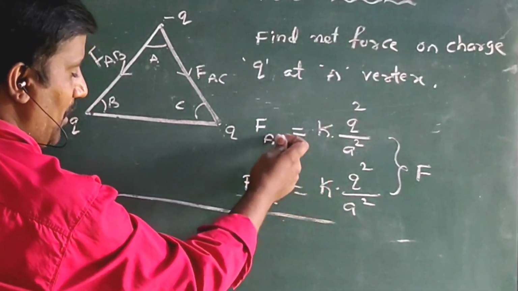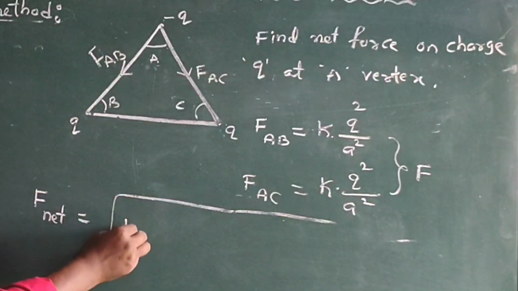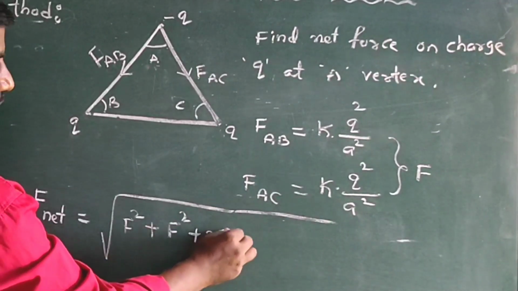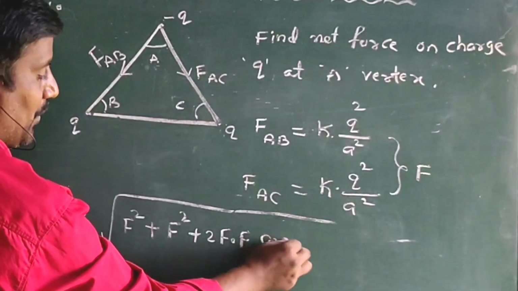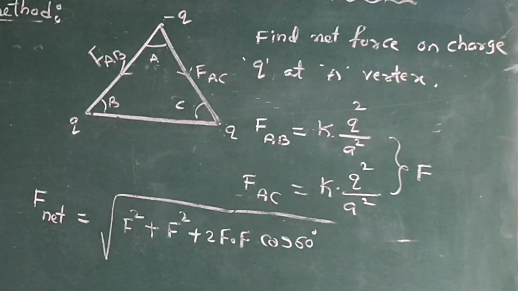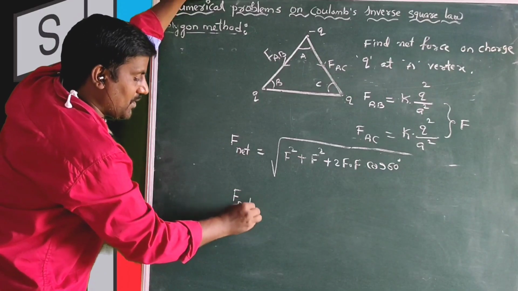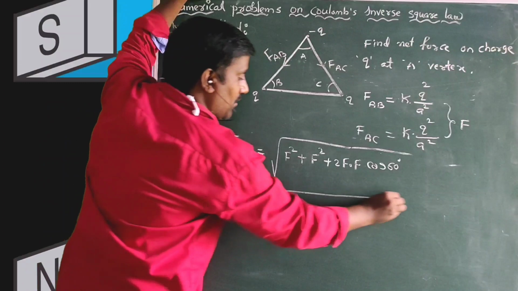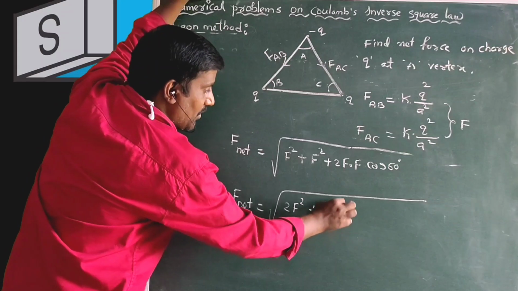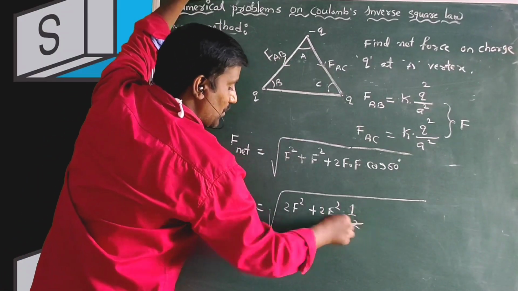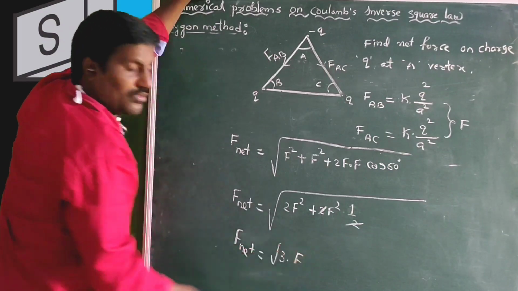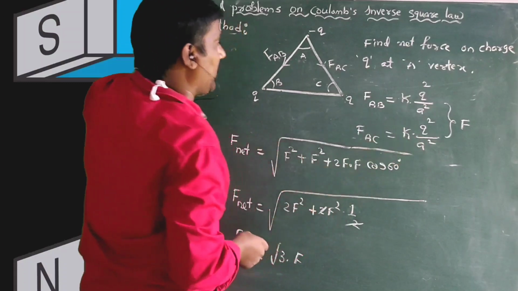But FAB equals FAC, which I consider F. So F net is equal to root over 2F square plus 2F square into cos 60, which is 1 by 2. So the 2 cancels, and therefore the net force is root 3 F, where F is equal to KQ square by A square.